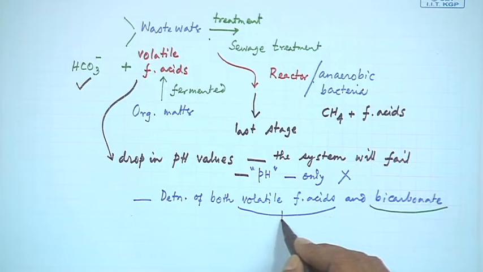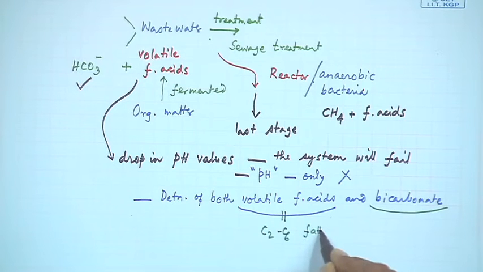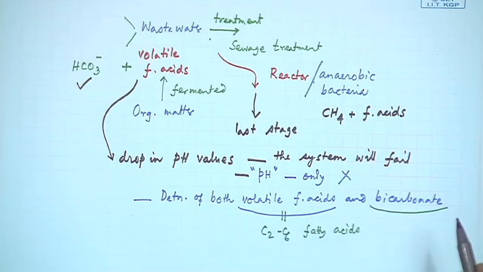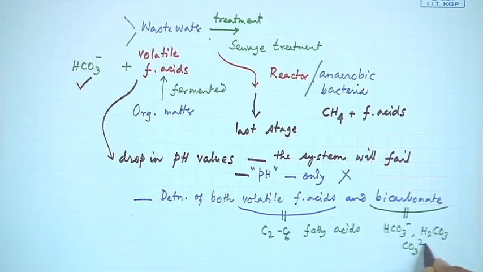These volatile fatty acids, suppose, are C2 to C6 fatty acids, that is, fatty acids containing 2 to 6 carbon centers. As well as the bicarbonates, we can have these as HCO3 minus, H2CO3, or CO3 2 minus.